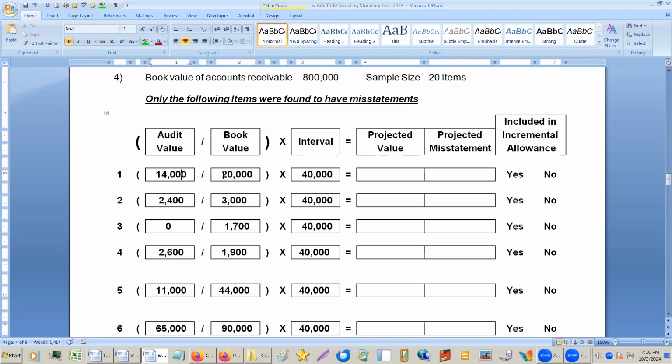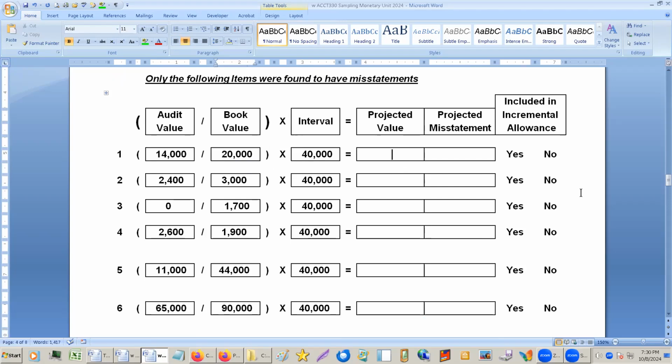So we'll take 14,000 divided by 20,000 times 40,000 equals a projected value of $28,000.